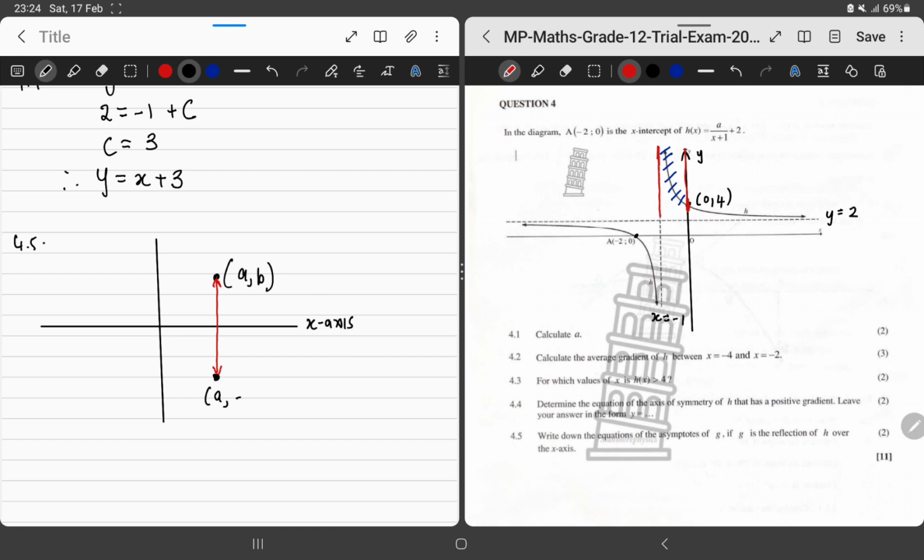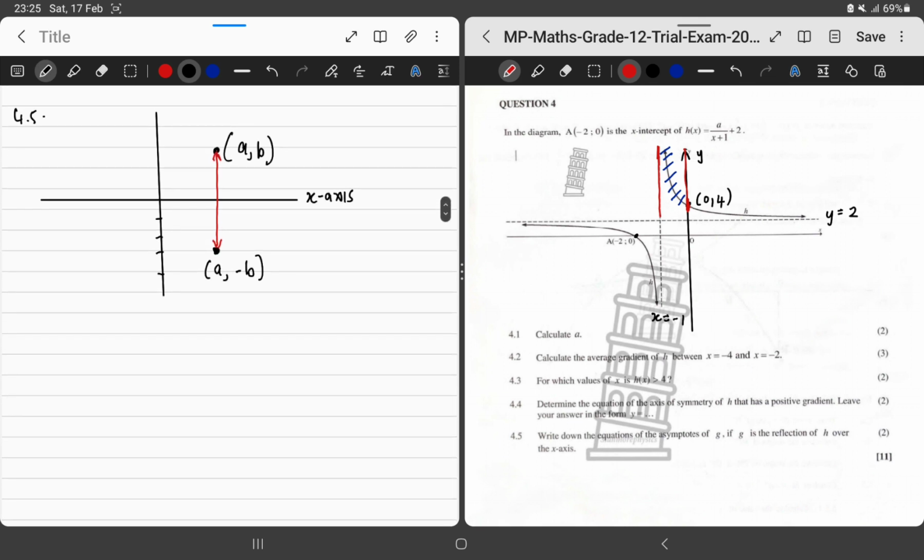But my b is going to be negative because the y values there are negative. So it means that each time I reflect the graph over the x-axis, my y values will take a different sign.